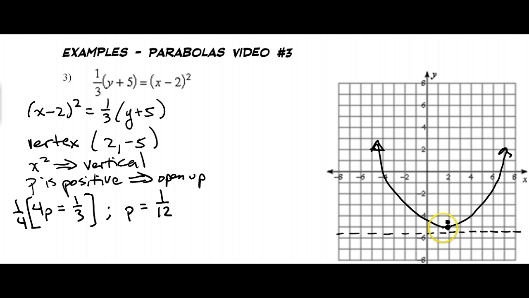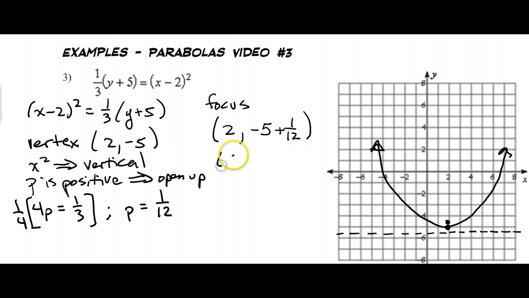Okay, so I went up from the vertex, so my y coordinate changed by 1/12. So for my focus, I'm going to have 2. The x coordinate didn't change, but I did move up from -5. So I went -5 plus 1/12.